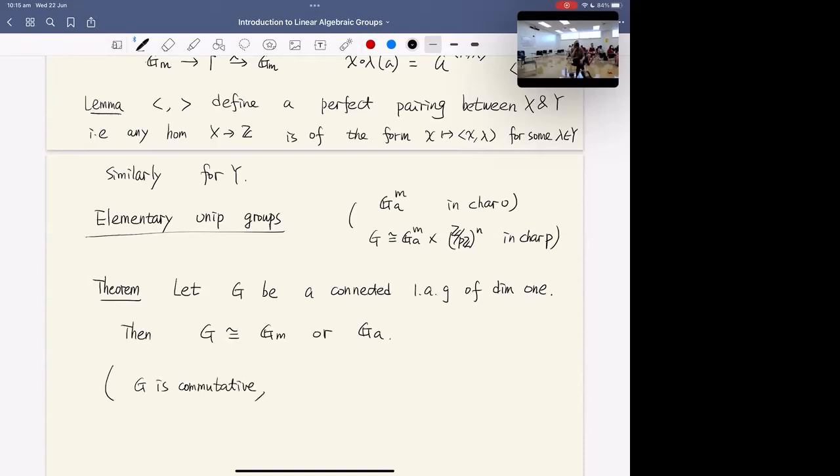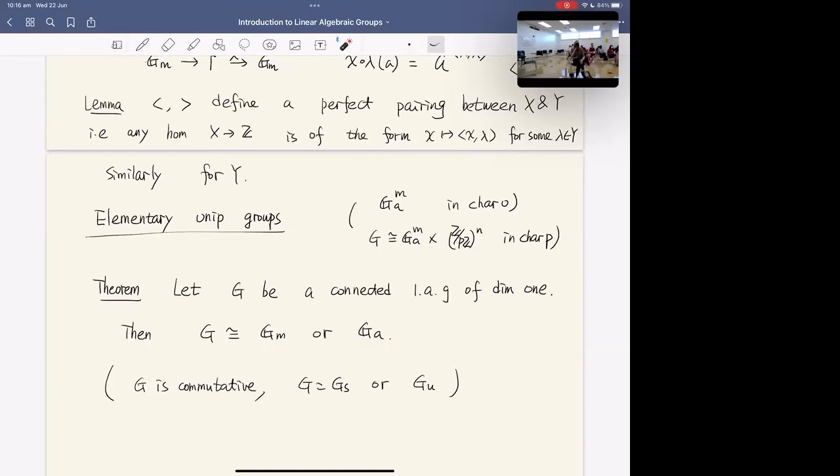Then by our earlier discussion of commutative groups, you know that G is either G_s or G_u. Then you use the discussion about elementary unipotent groups and diagonalizable groups to deduce that G is either Gm or Ga.